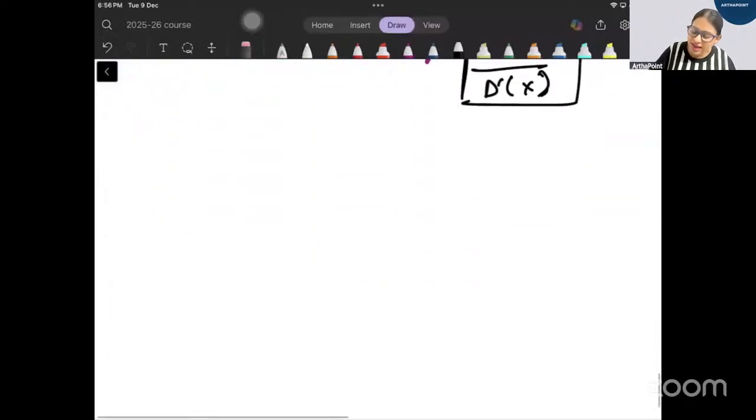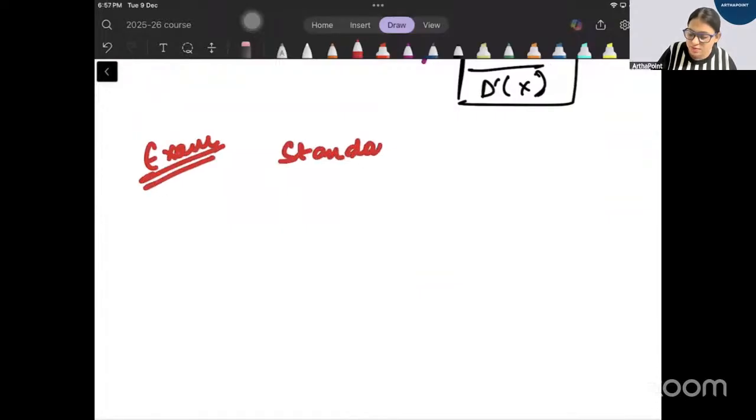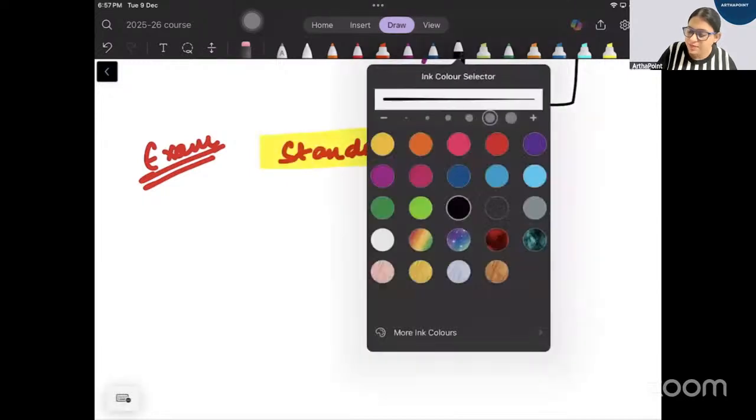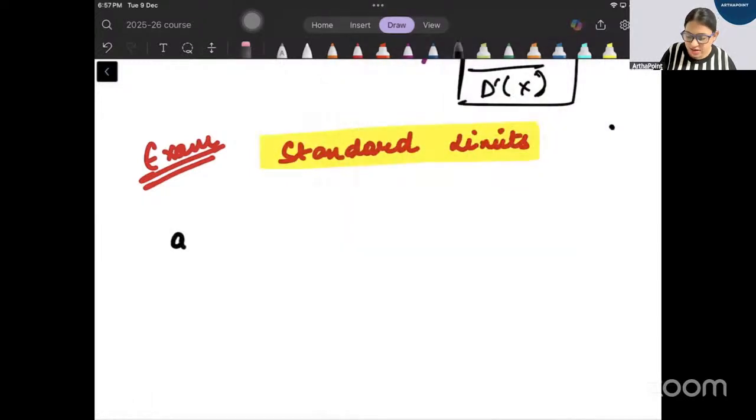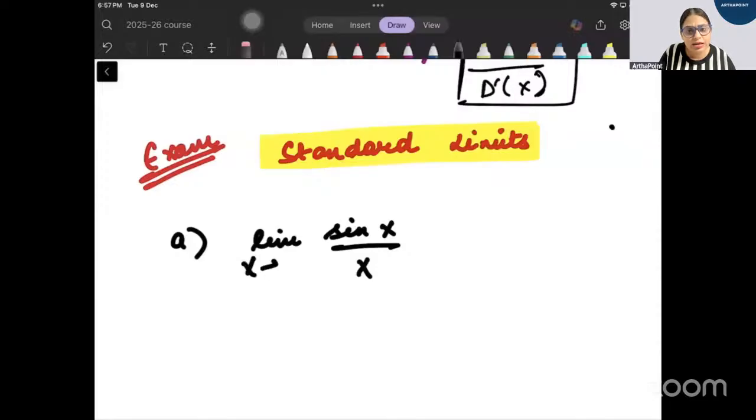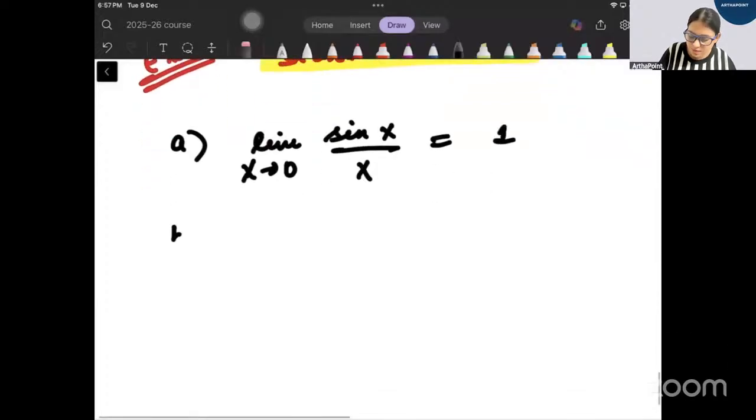Now, from the exam point of view, कुछ standard limits हैं जो आपको पता होना चाहिए. Some standard limits all of you should be aware of. The first standard limit is sin x by x. एग्जाम में इतना टाइम नहीं है कि आप इसको derive करने बैठो. So limit x tends to 0 of sin x by x is 1.